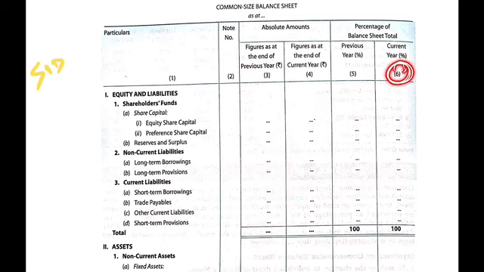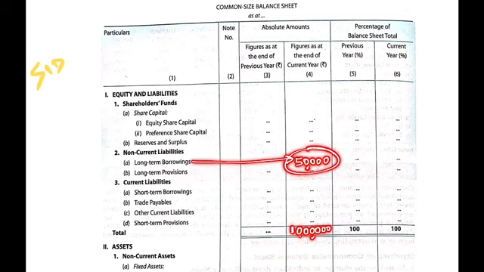And what about the 6th column? Again, it relates to the current year figures in percentage terms. But percentage of what? Percentage of balance sheet total. Again, let us assume long-term borrowings are 50,000 and the total of the balance sheet is 10 lakhs. So 50,000 is what percent of 10 lakh?